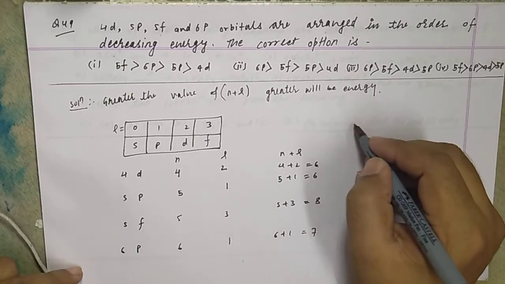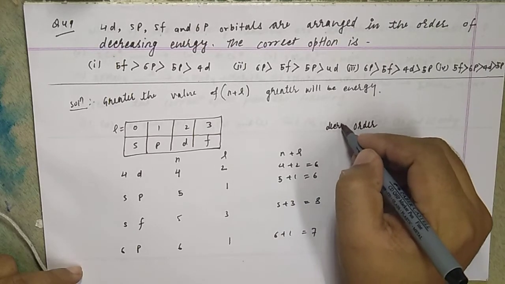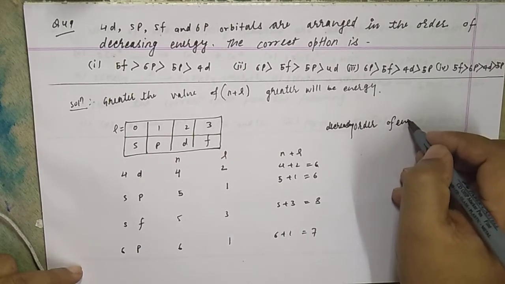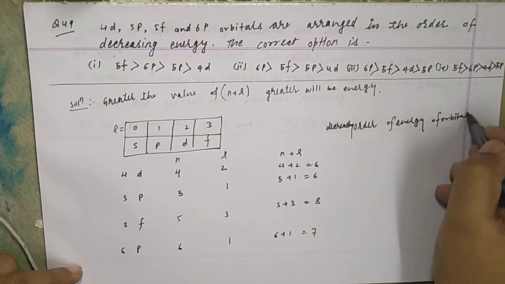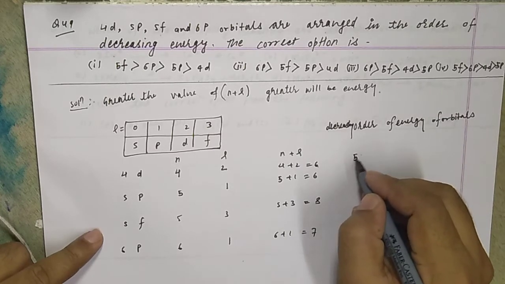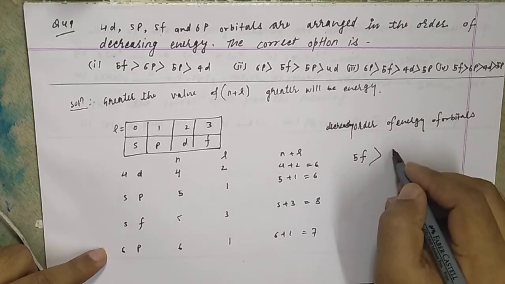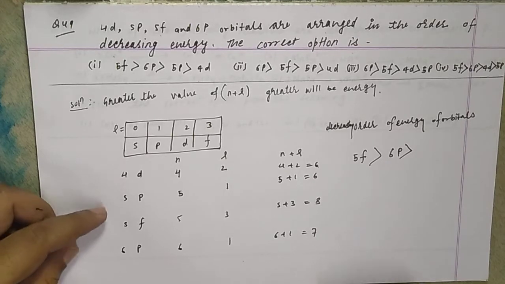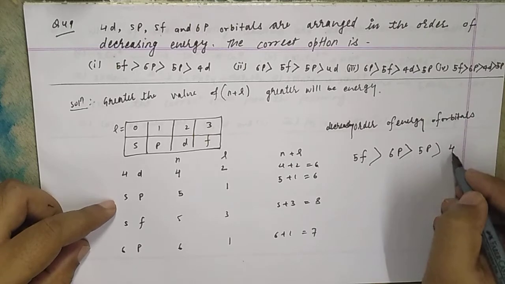So the decreasing order of energy of the orbitals: first one is 5f, then 6p, then 5p, then 4d.